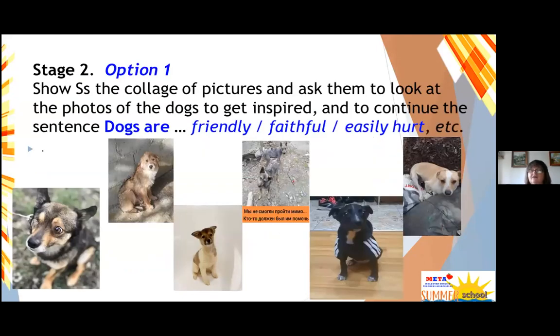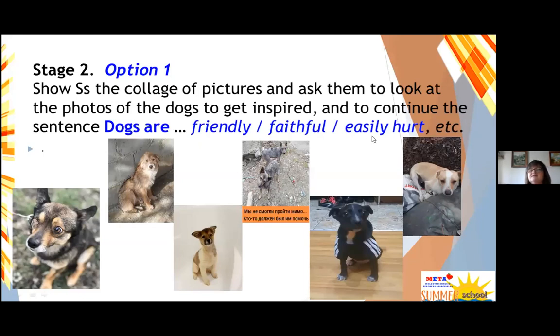Then the second stage, for which I suggest several steps or several options, right? I can show them this collage of pictures and ask them to look at the photos of dogs to get inspired. And I will ask them to continue the sentence. For instance, dogs in general are friendly, dogs are faithful, they come up with adjectives, for example.